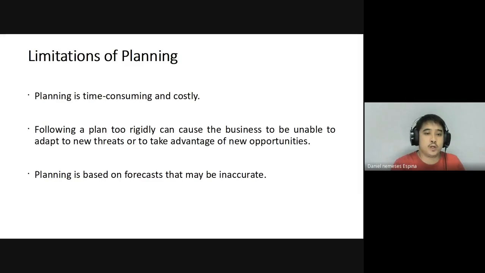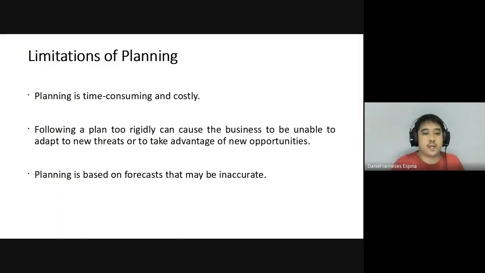So it will consume more time. Since it is usually done after work, the company has to pay overtime pay and provide more food. Because of the meetings, it becomes costly.